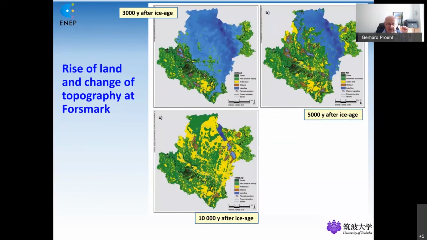You see the rise of land, and it's a change of topography. At 3,000 years after the ice age, most of the part was still sea, in the Baltic Sea. At 5,000 years, you have about half terrestrial and aquatic areas, and at 10,000 years, which is now, we have only terrestrial parts, and this will continue.